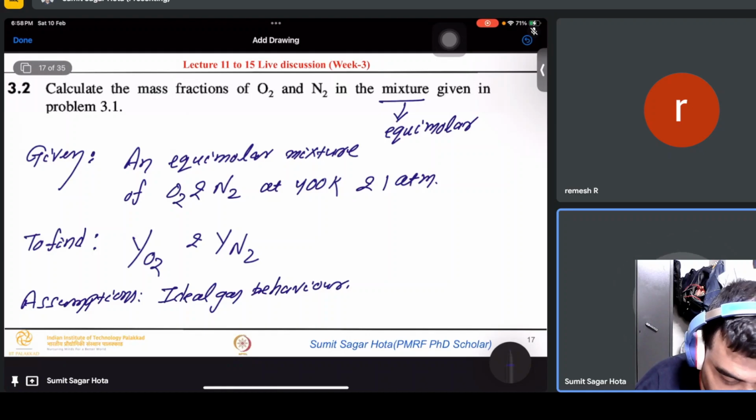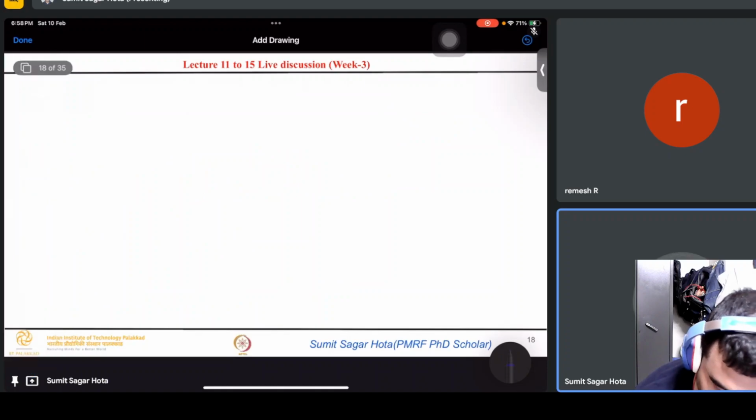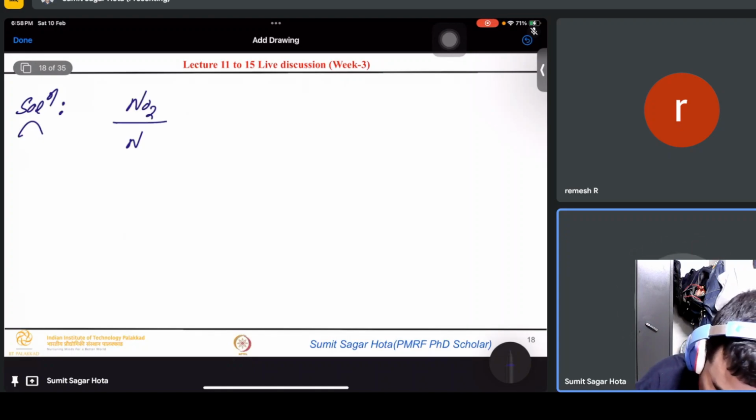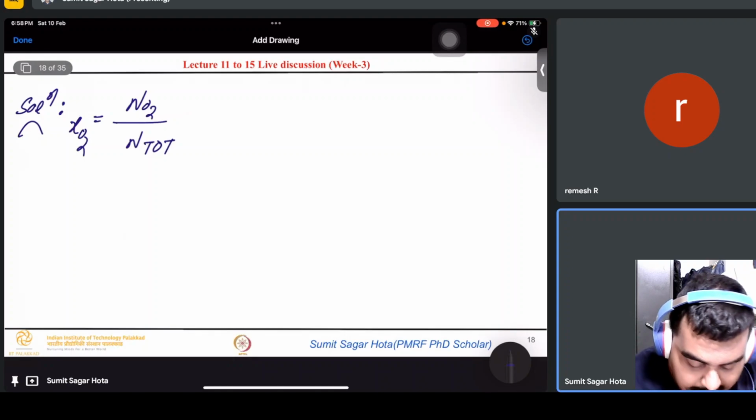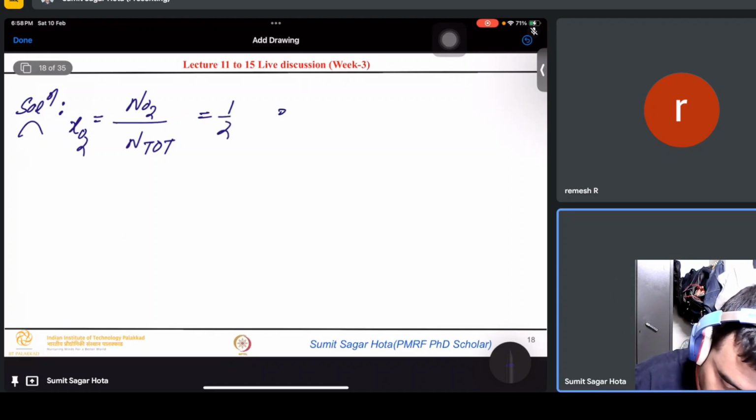Assumption same, ideal gas. So x of O2 is n of O2 by n total. What is the formula of x? We already know x of O2 equal to n of O2 by n total, 1 by 2, and x of N2 is equal to n of N2 by n total.